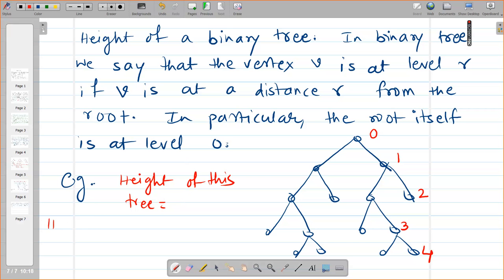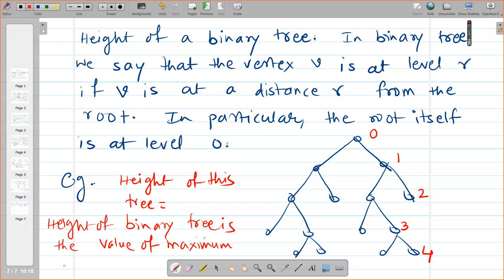Yes, I haven't written the height. Height of a binary tree is the value of the maximum level. So what is the maximum level here? Girls, are you there?